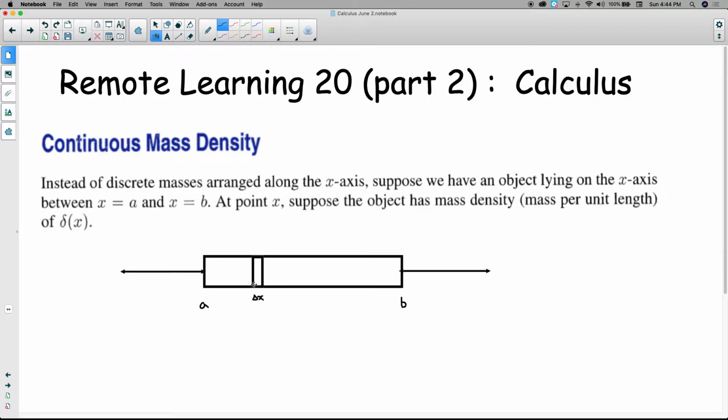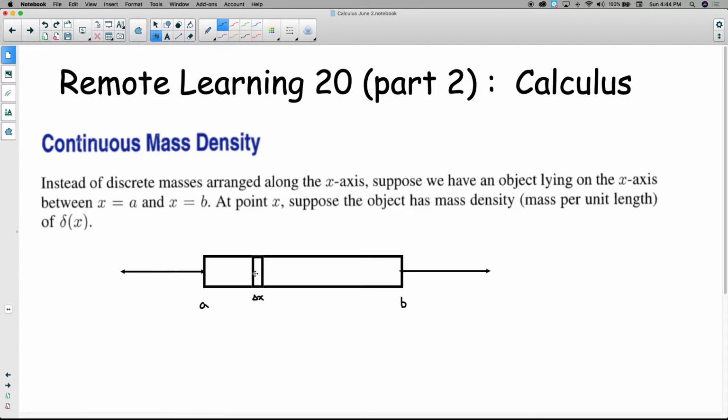The smaller the delta, the less the error in terms of calculating the mass. So that's the cornerstone idea, that in order to calculate the mass of any particular strip, you need it to be infinitely thin, because its density is different on the left-hand side than it is on the right-hand side.